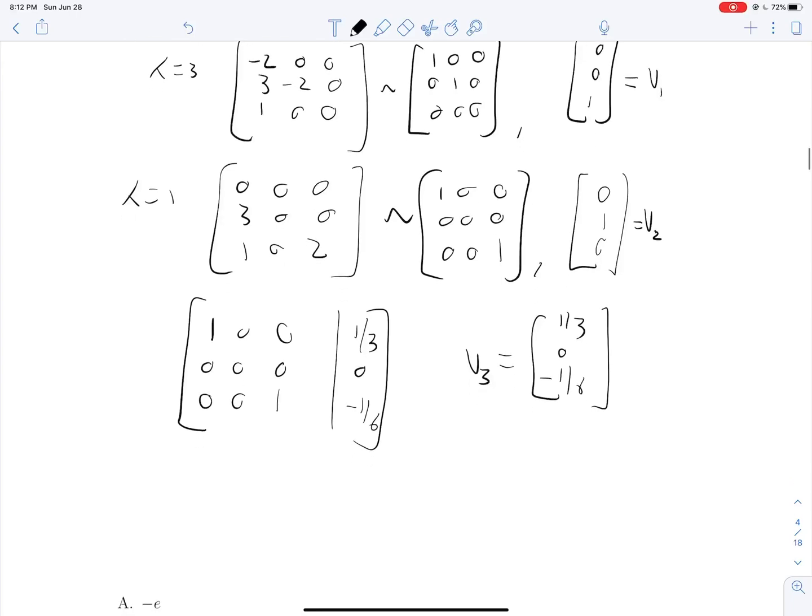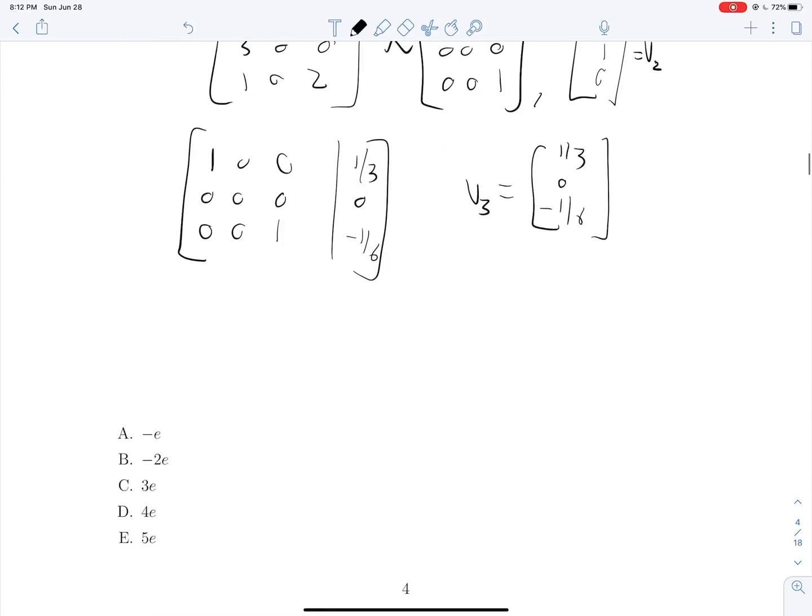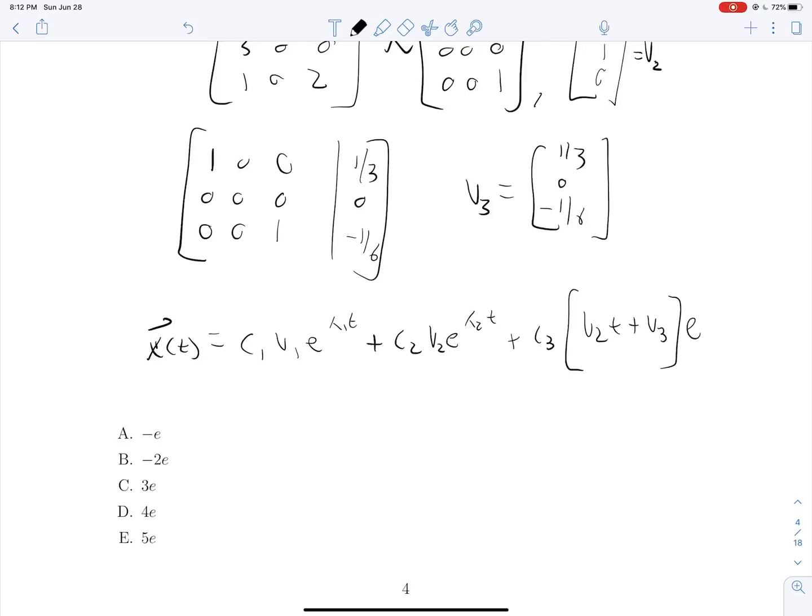Perfect. So what will the form of our overall solution look like? Well, x of t is equal to c1 v1 e to the lambda 1 t plus c2 v2 e to the lambda 2 t plus c3 times (v2 t plus v3) e to the lambda 2 t.